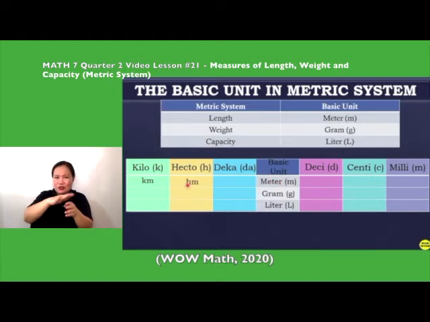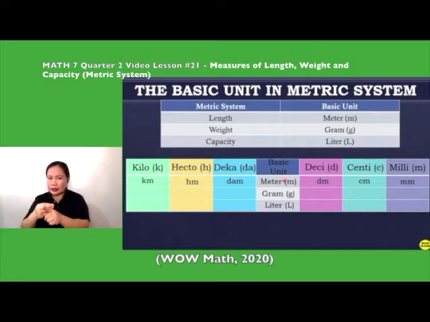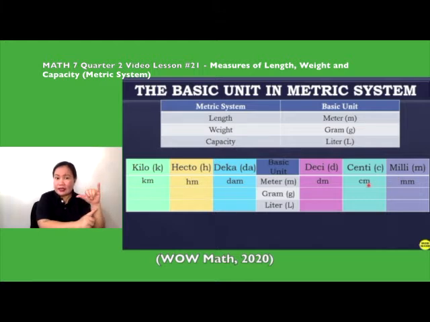And then hectometer, H and then M. And then DAM, decameter, so deca and then meter because meter is the basic unit. And then decimeter, centimeter, millimeter. Again, the basic unit for length is meter and our symbol for that is M. Dapat familiar din po tayo sa mga symbols kasi madali lang siyang tandaan. Ang papalitan mo lang dito yung basic unit.